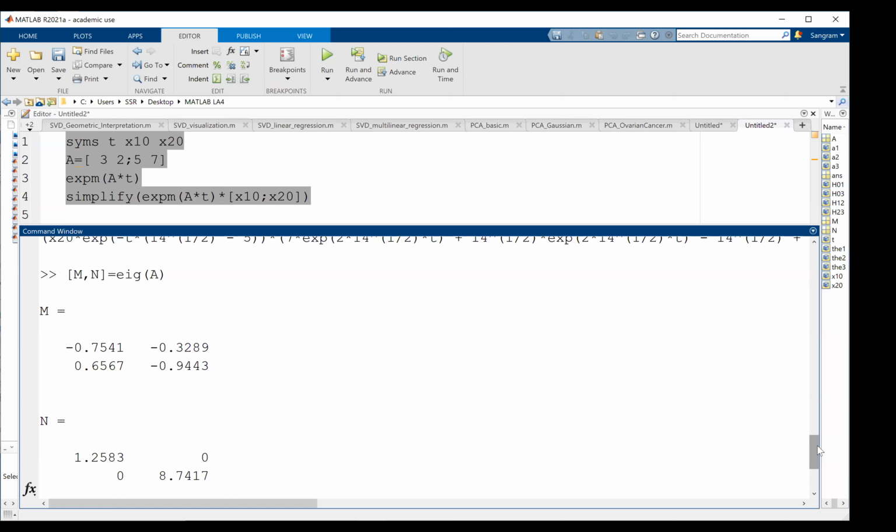This equation is exactly the same as the scalar equation that we solved a moment ago, right? Which means without even thinking, I can write the solution: y1 of t is equal to y1 of 0 e to the 1.25 t and y2 of t is equal to y2 of 0 e to the 8.75 t. Do you agree with me?